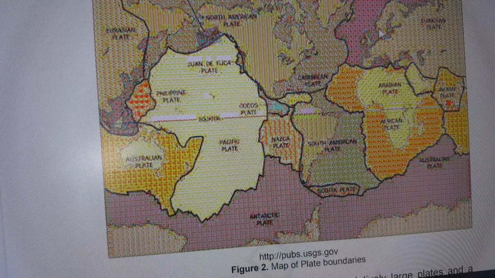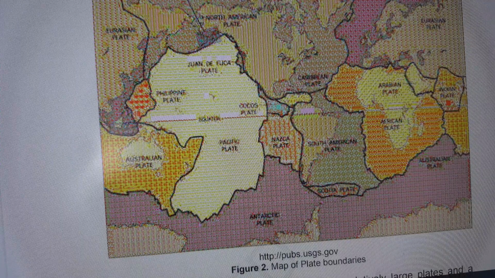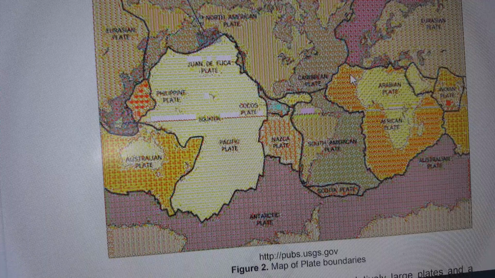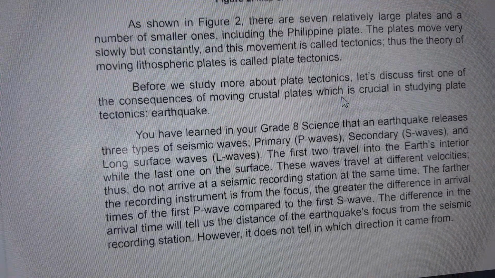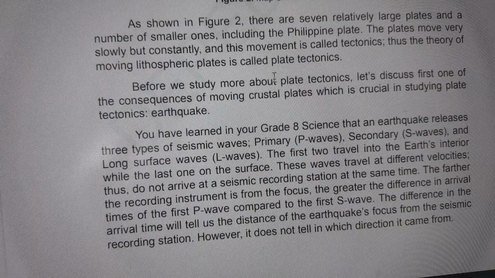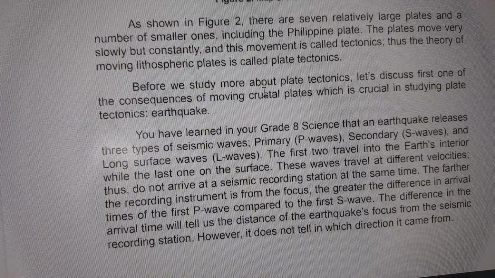You will notice that long time ago, they were all together, the Australian plate. But because of the earthquake, the continuous movement of the earth, these plates got separated from each other. Naghiwa-hiwalay po sila. Okay? Ayan ang explanation dyan, ha? The Philippine plate. The plates move very slowly but constantly. So, long time ago, kumikilos na talaga sila.